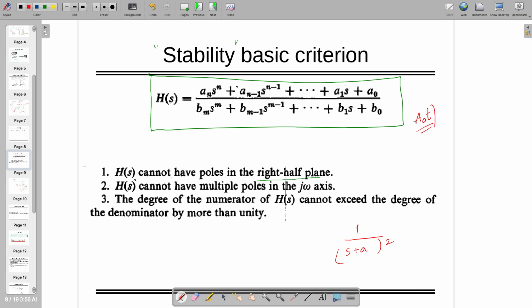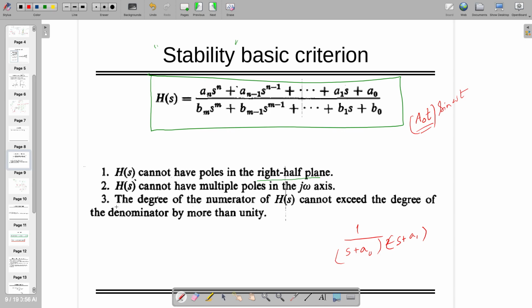So to avoid such a situation, we are saying that H(s) cannot have multiple poles on the j omega axis. If it is there, please stop, or try to keep the poles somewhere nearby. If a0 and a1 are nearby, then it's okay, fine, you can design it.